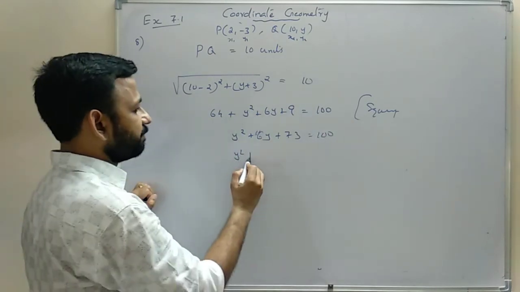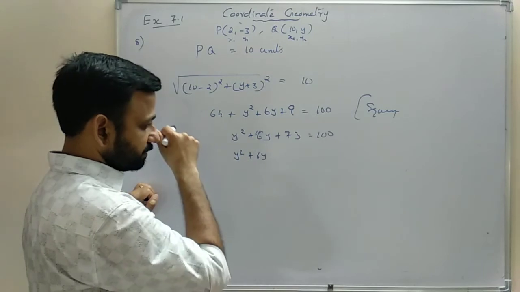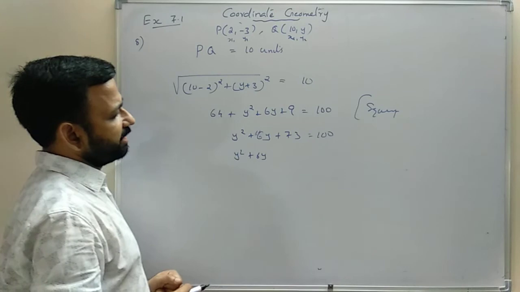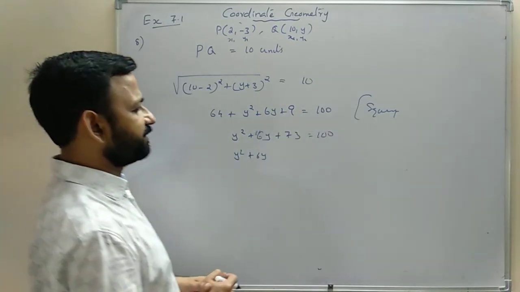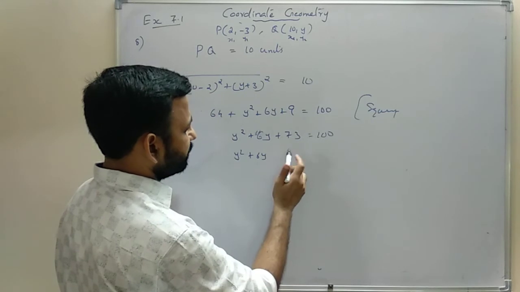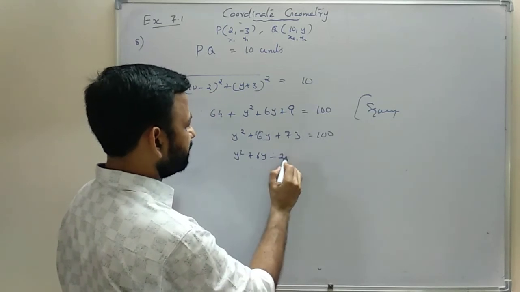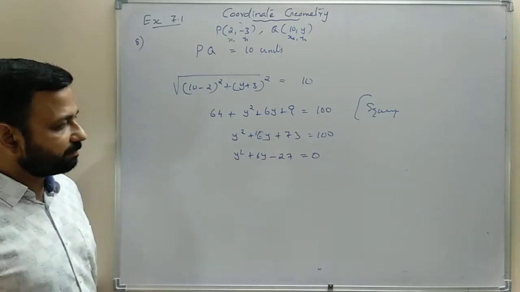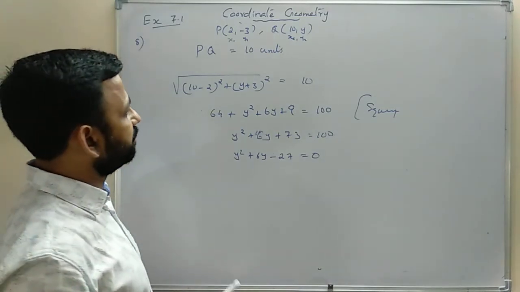Then 73 minus 100: we can take 100 from right to left. Then it will be minus 27 equal to 0. So now we got a quadratic equation, y square plus 6y minus 27 equal to 0.